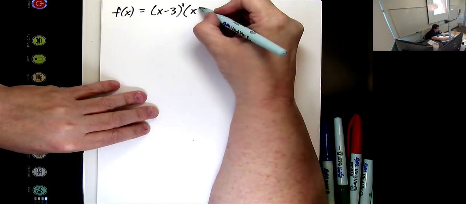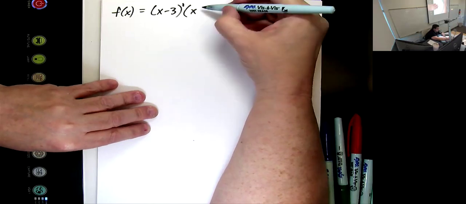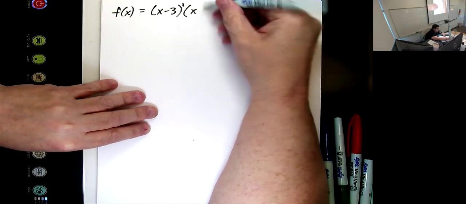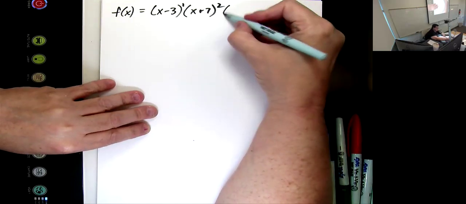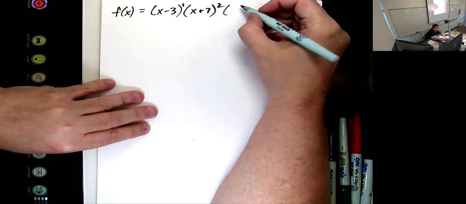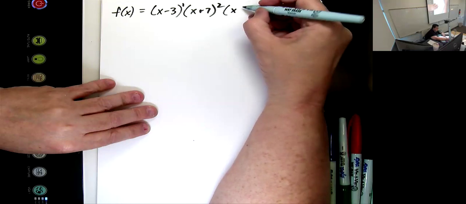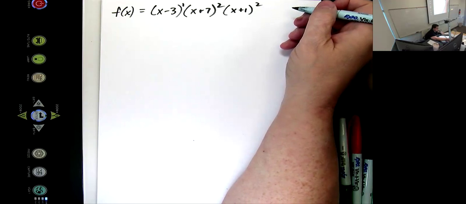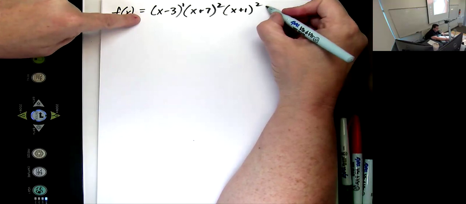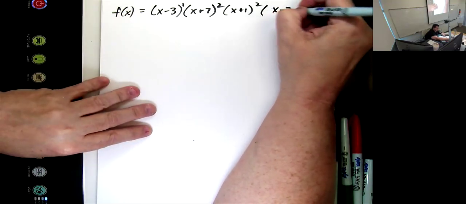Are we just gonna do straight up x squared or x plus something squared? X squared plus 7. X squared plus 1. I don't want to do x squared plus 1 because that's complex. I'm just trying to show multiplicity right now. Let's do one where it's a little higher. Let's do x minus 7 cubed.